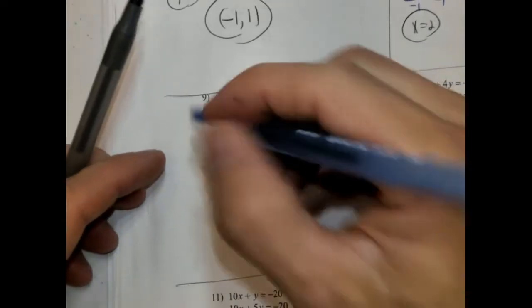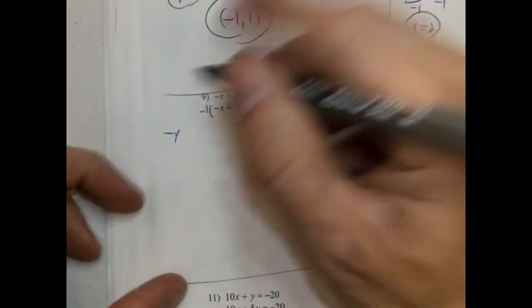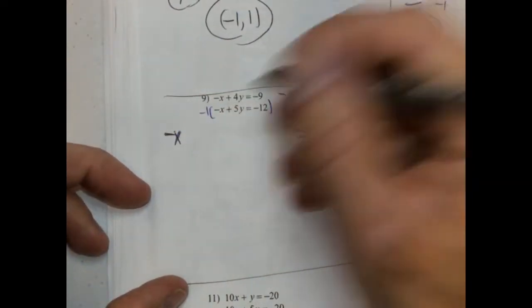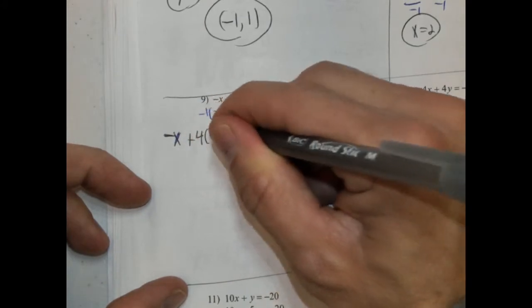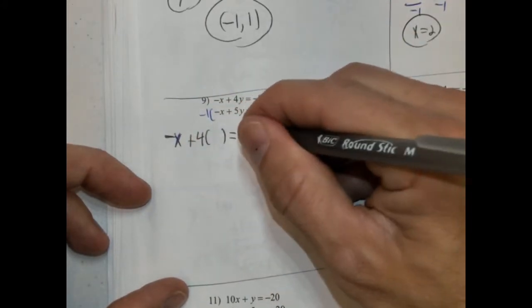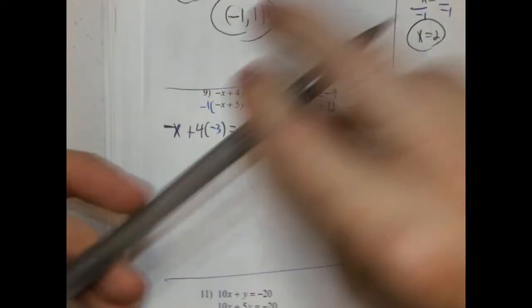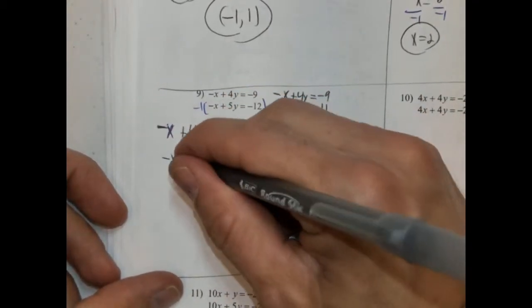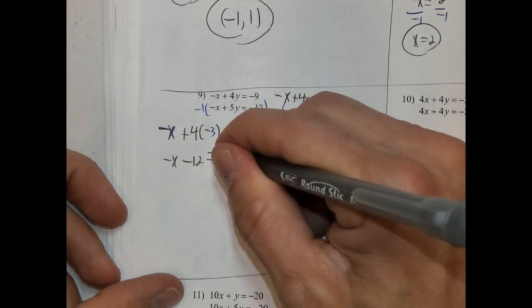We're now going to plug that into the top equation. So, wrong color. -x plus 4, and the y is going to be replaced with -3. So -x minus 12 equals -9.